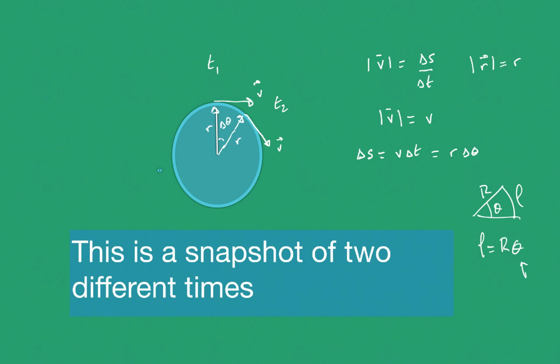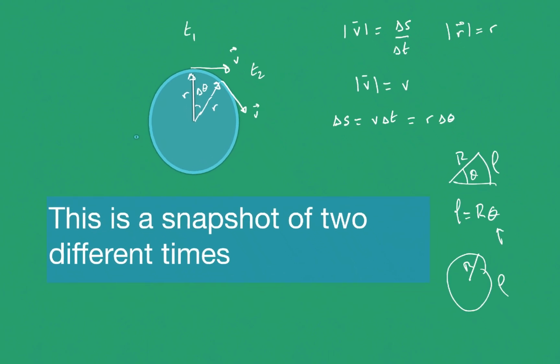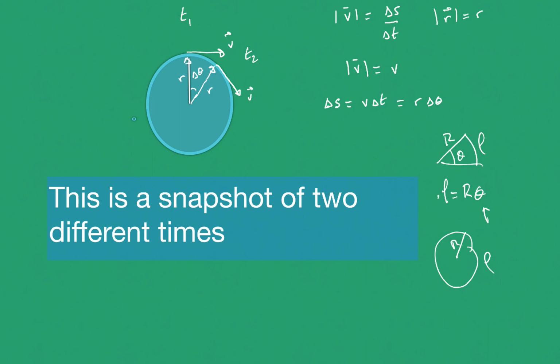So if you have a big length, L, that goes around the whole circle, and you have the radius r, the angle that you have is 2 pi. So if you apply this equation, for the big length, let's call it capital L, it will be r by the angle, 2 pi.